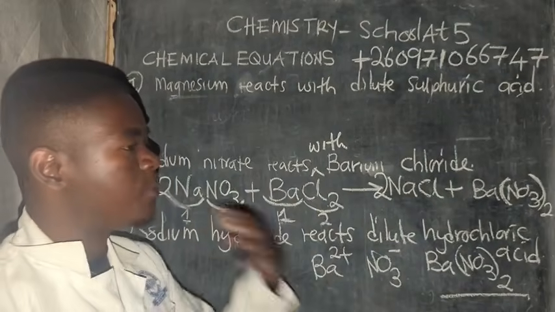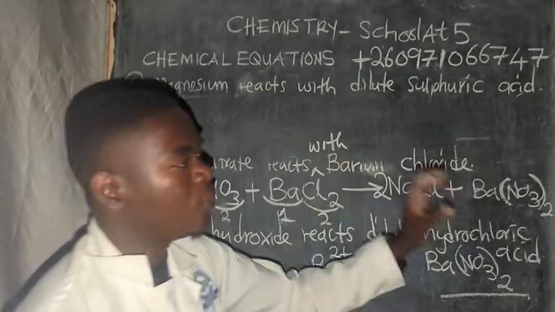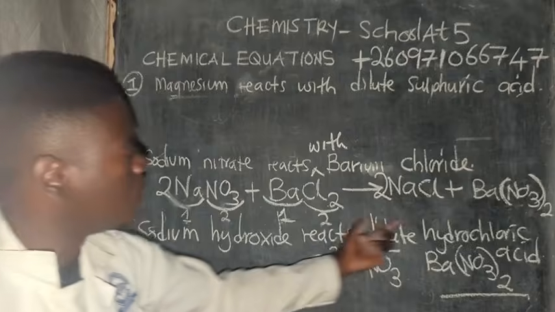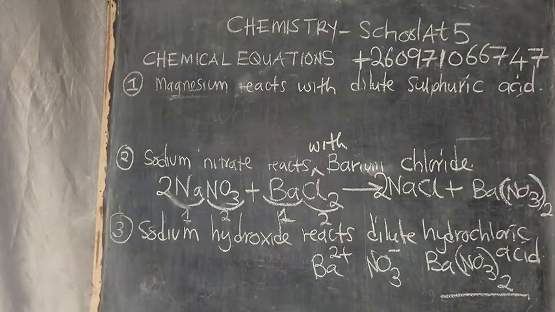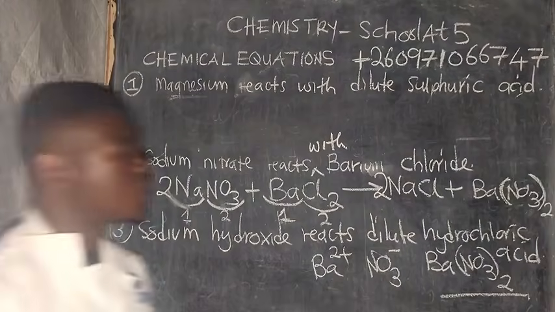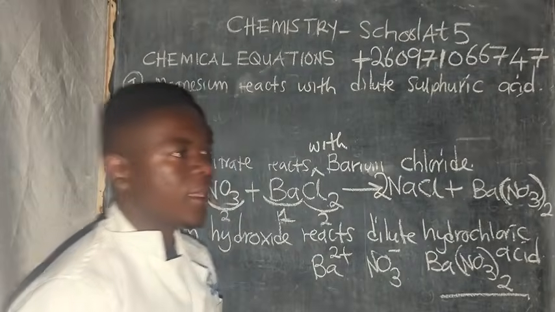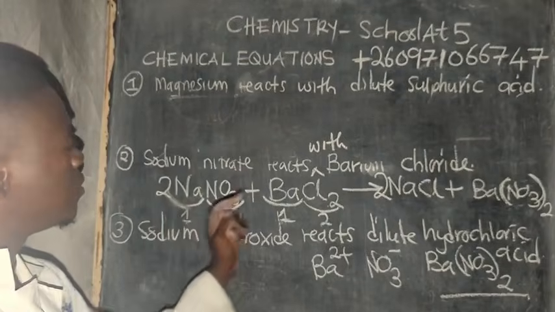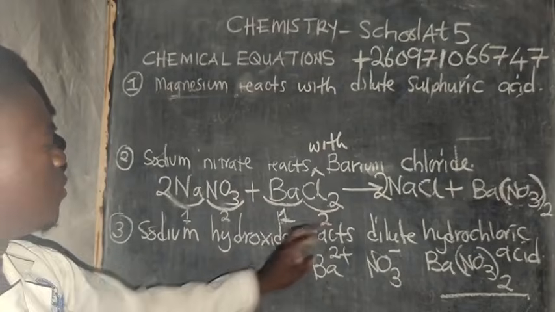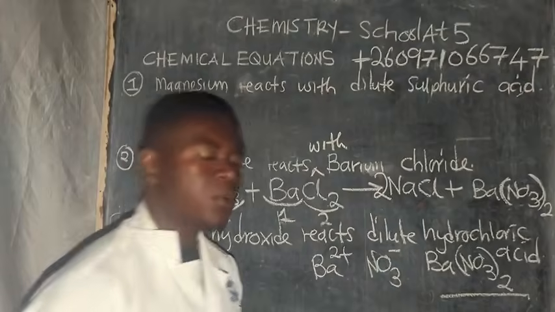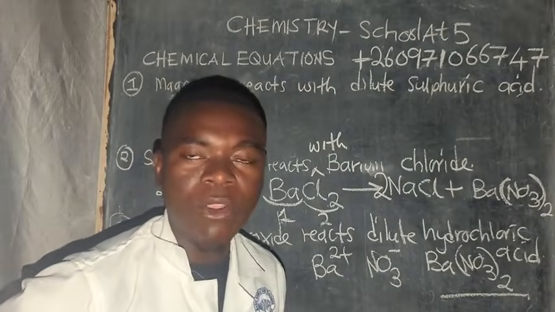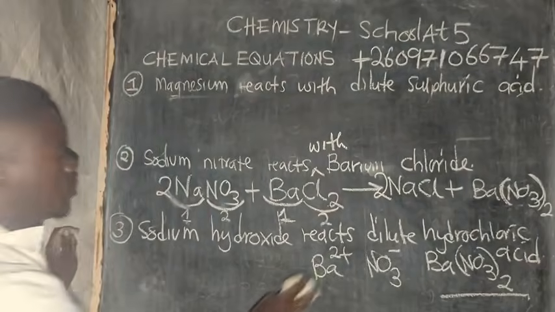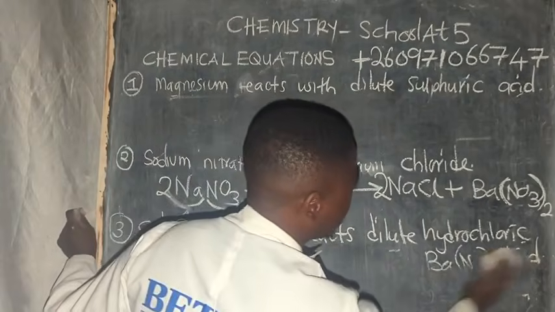When I start looking at balancing chemical equations, you are going to have a full picture of this. This is how you also need to be constructing equations. Whenever you see 1, 2, 1, 2, then 1, 2 will go there, 2, 1. You know the products. You don't even need to struggle. You don't even need to say, how am I going to answer this? No, you should not do that. We move to the last one.